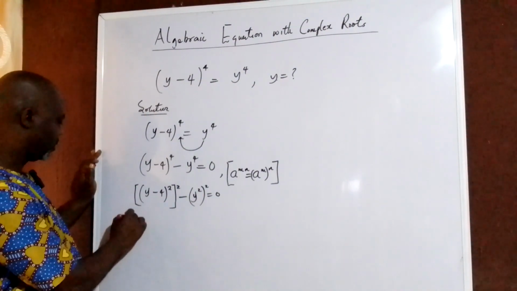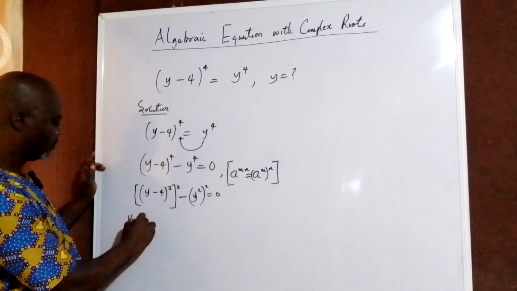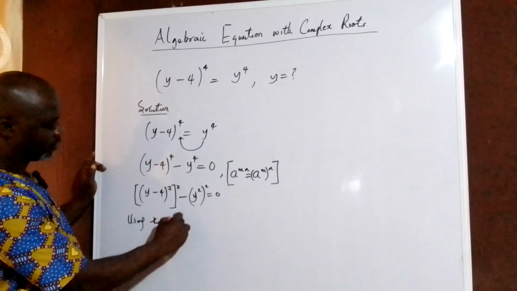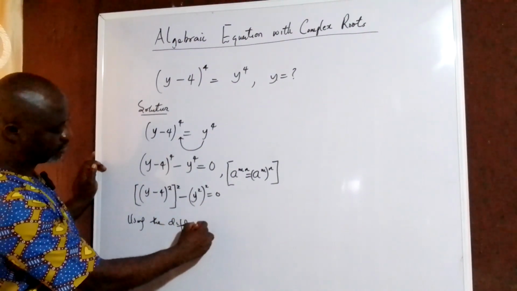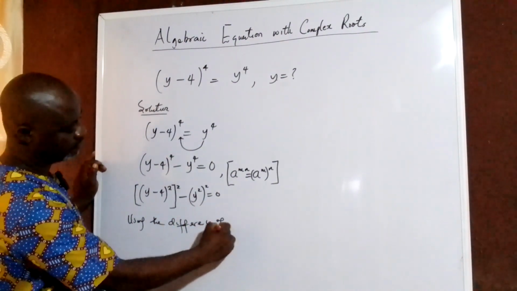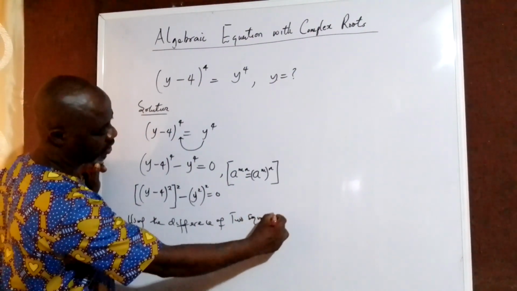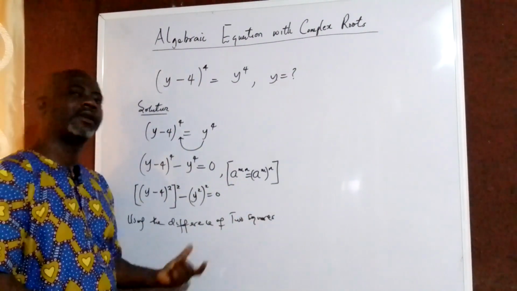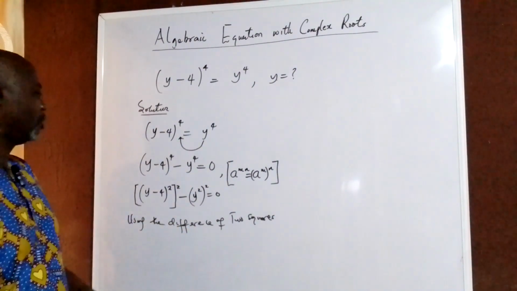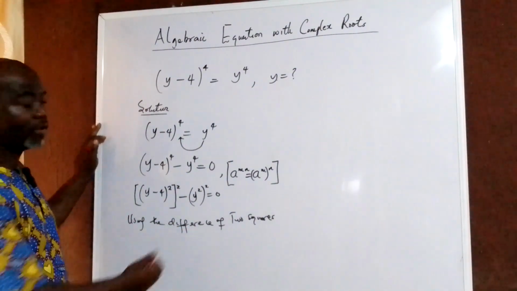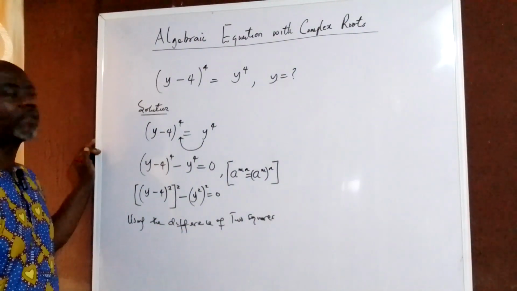Using the difference of 2 squares, I will be able to further simplify the left hand side of the equation. So what is this difference of 2 squares?